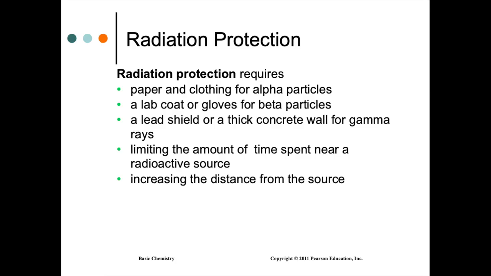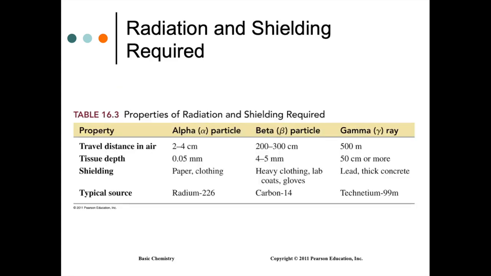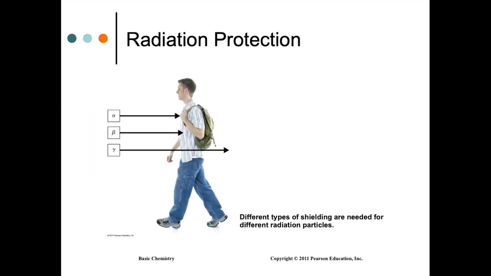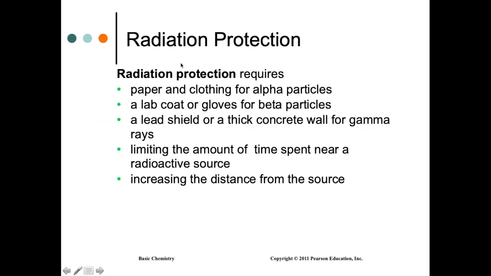So for those of you doing the lab report, that might be something that comes in handy to think about. I will point out that these types of shielding, in particular, provide the answer to one of the questions you've got to examine for that lab report. So something to keep in mind.